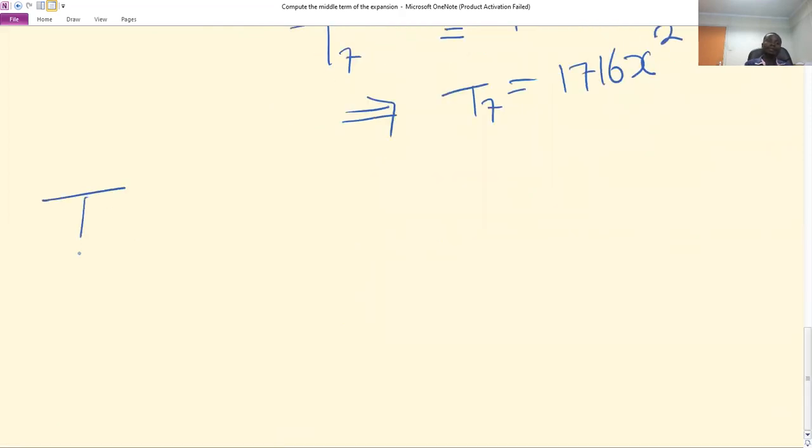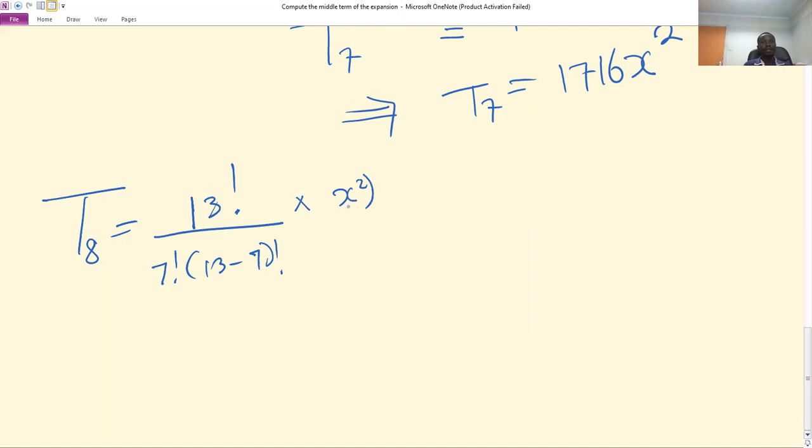T8 will be 13 factorial divided by, this means r is 7, 13 minus 7 factorial, times x squared raised to power 13 minus 7, and then x raised to power minus 2 power 7.